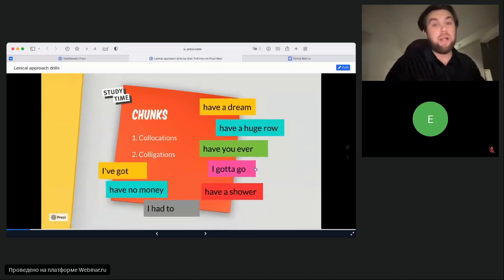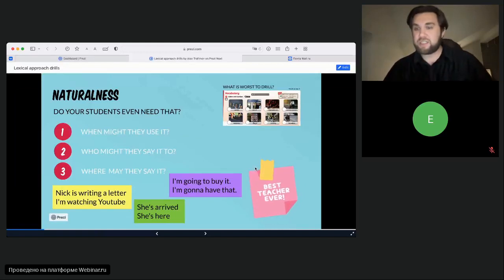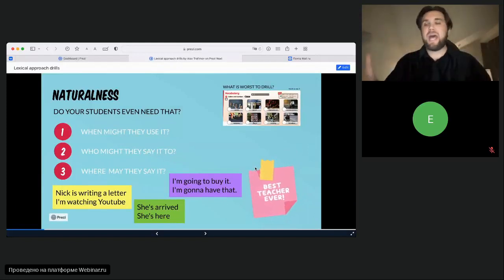So now let's talk about naturalness. Naturalness is another important idea. As we said, the lexical approach is all about imitation of the natural process of learning a language, right? So that's why as it's natural, all should be natural, right?